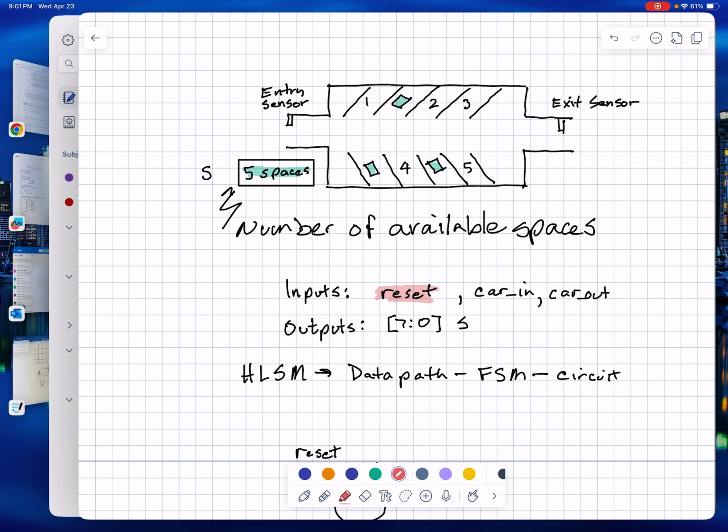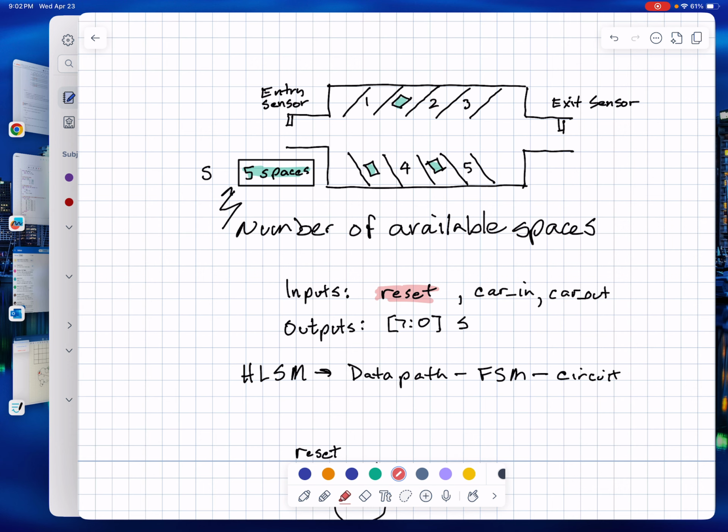So we're not going to pay attention to those kinds of details. We're going to assume the sensors are perfect and we're getting a perfect initial condition and perfect reaction from the sensors, so we can perfectly detect exits and enters into the parking lot. In real life, you'd need some error checking on this. You'd also probably have a calibration mode.